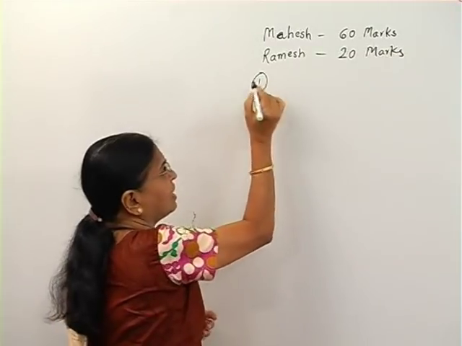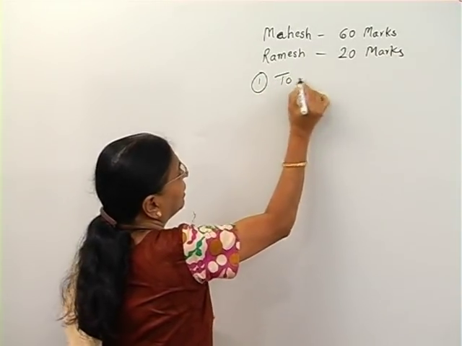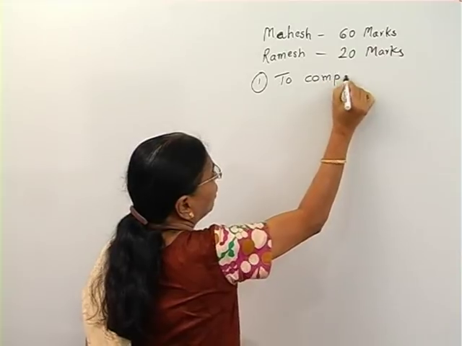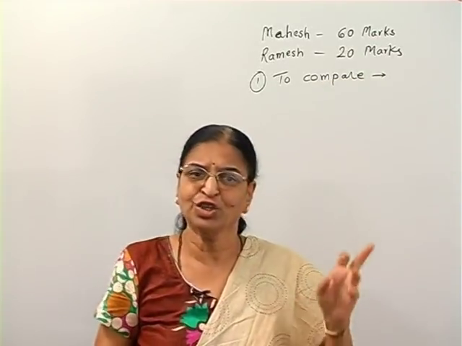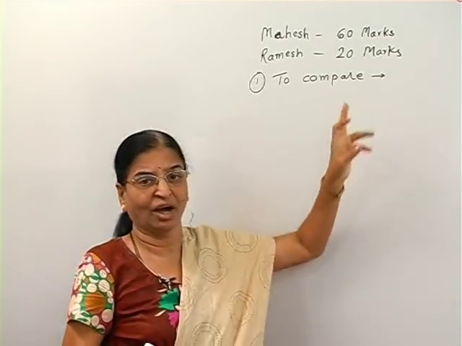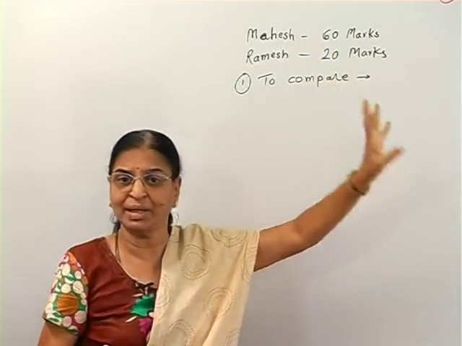The first thing to compare the marks between them is to ask the question: how many? For how many more, we have to subtract the things.